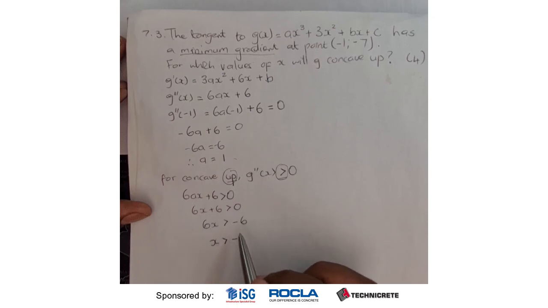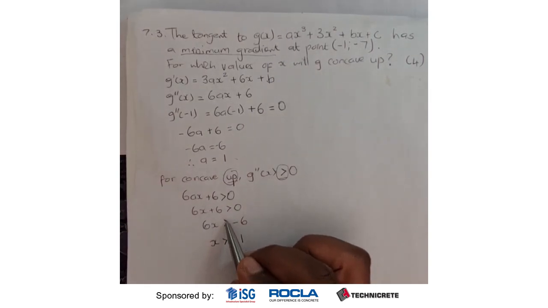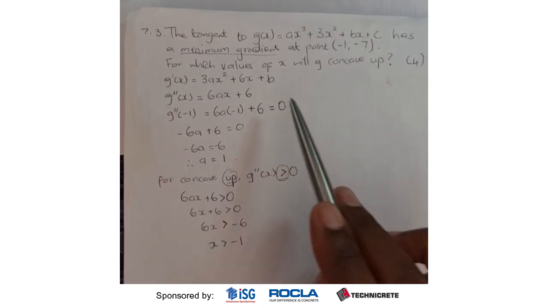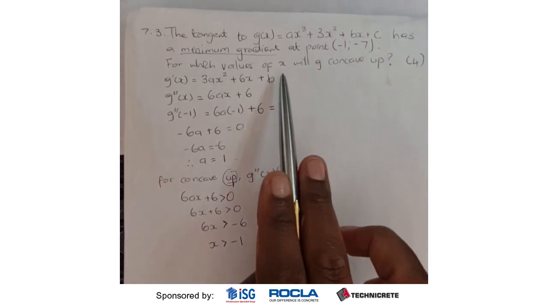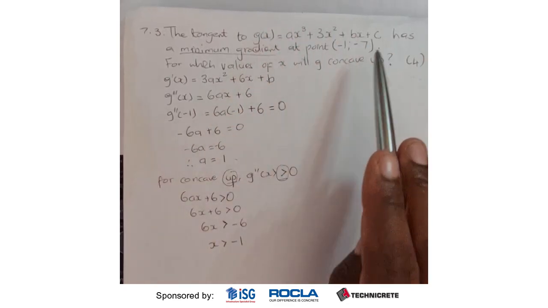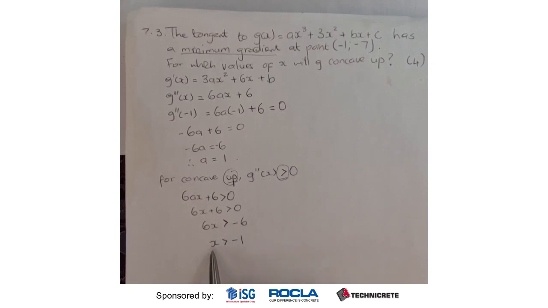So we are dividing by a positive number, so that inequality sign remains the same. So to answer the question, for what values of x will this function be concave up? That will be for all values where x is greater than -1.